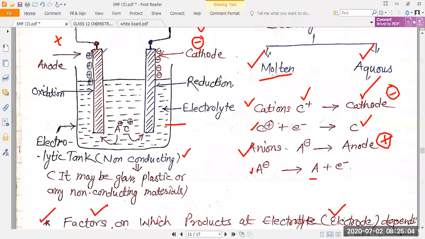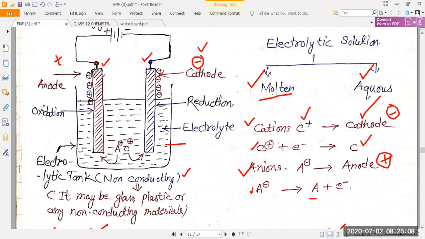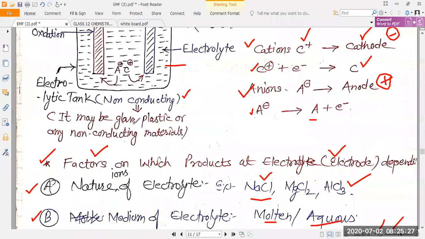The electrodes may be made up of platinum, graphite, or other substances. Platinum and graphite are inert electrodes. They do not participate in the cell reaction, while other electrodes like copper and silver participate in the cell reactions.